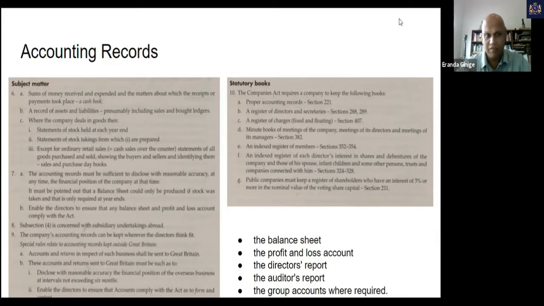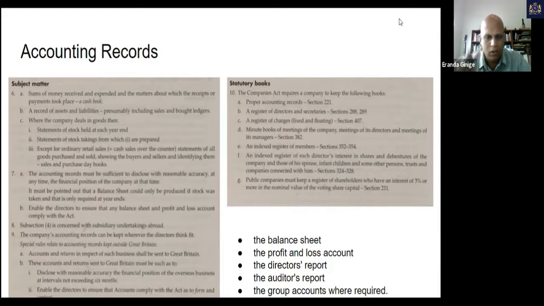An index register of members. So members can be shareholders. Sometimes in a guarantee limited company, we call them members as well. So who are they? Index of registers of each director's interest in shares and debentures. So all that information. And if it is a public company, a register of all the shareholders who have an interest of 3% or more in the nominal value.